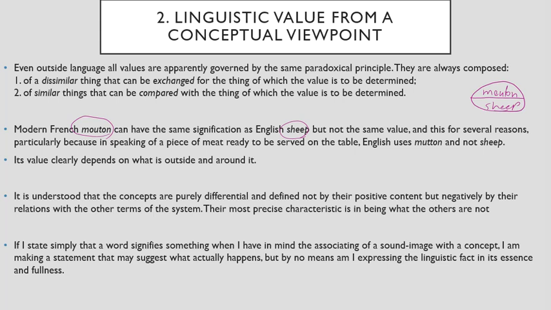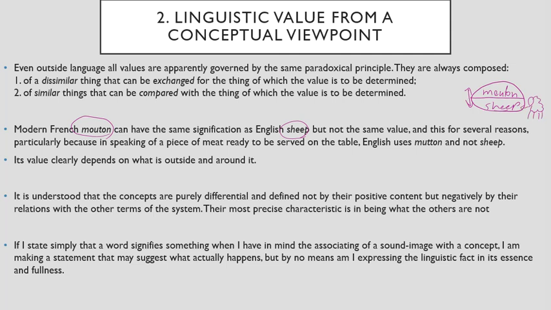This is not exactly a signifier and signified, but I just want you to understand that mouton is the signifier for sheep, the concept of sheep. Now, mouton and sheep don't have the same value. Maybe this illustration is not very good, but just bear with me. Maybe if I draw one here, it will be more illuminating.